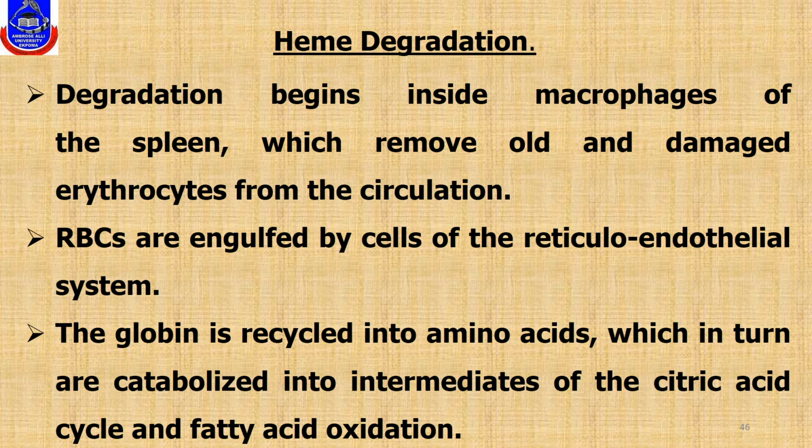Heme degradation begins inside macrophages of the spleen, which remove old and damaged erythrocytes from circulation. Red blood cells are engulfed by cells of the reticuloendothelial system. The globin is recycled into amino acids, which in turn are catabolized into intermediates of the citric acid cycle and fatty acid oxidation.